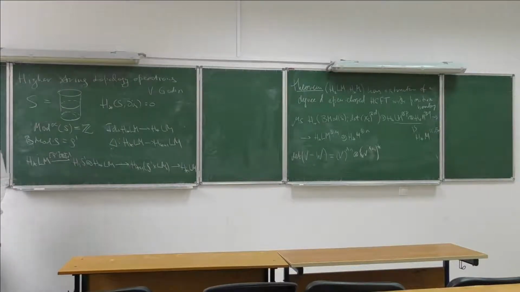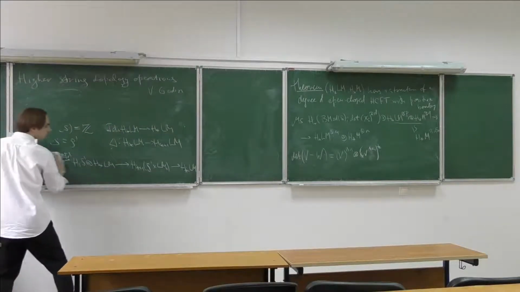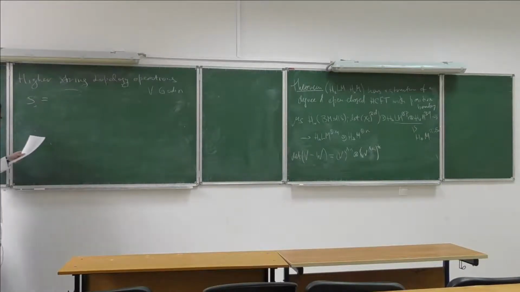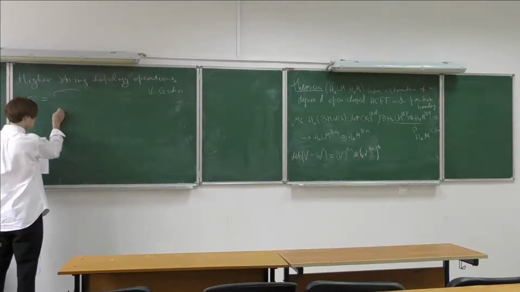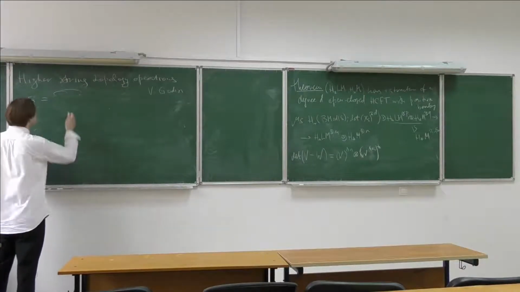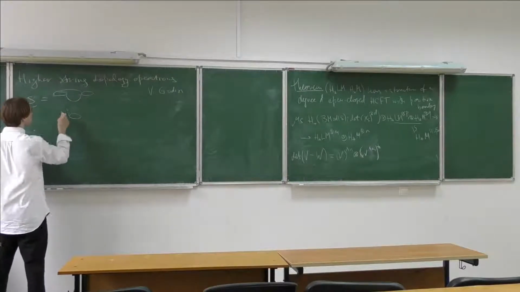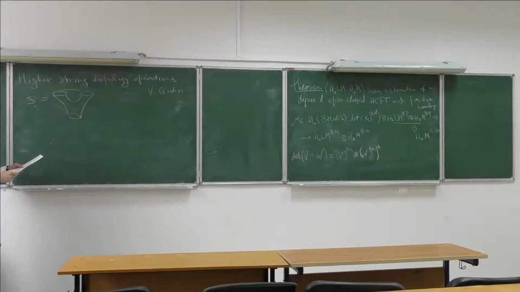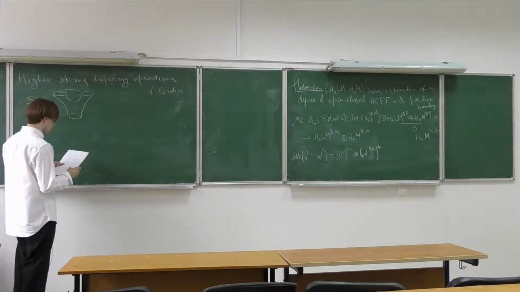So another example is if we take, instead of a cylinder, S equal to a pair of pants. So then the twisting will not be trivial.